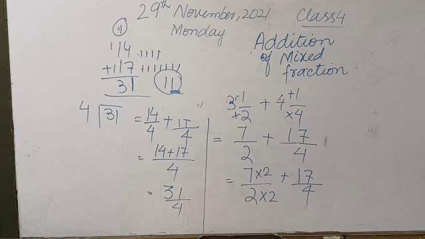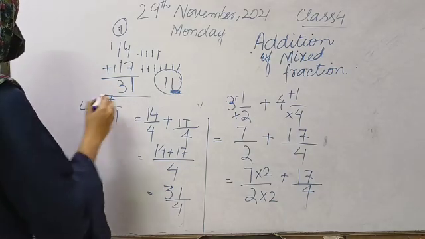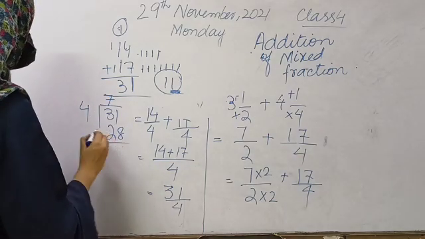Very good. 4 8 times 32, which is greater than 31. So I will not take it. Fine. So I will multiply 4 by 7. So 4 into 7 is 28. Fine. So I will write here 7. 4 7 times 28.